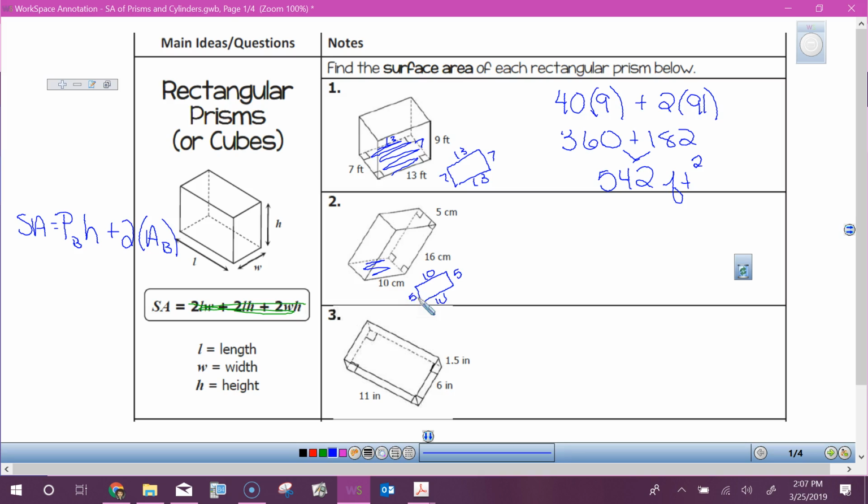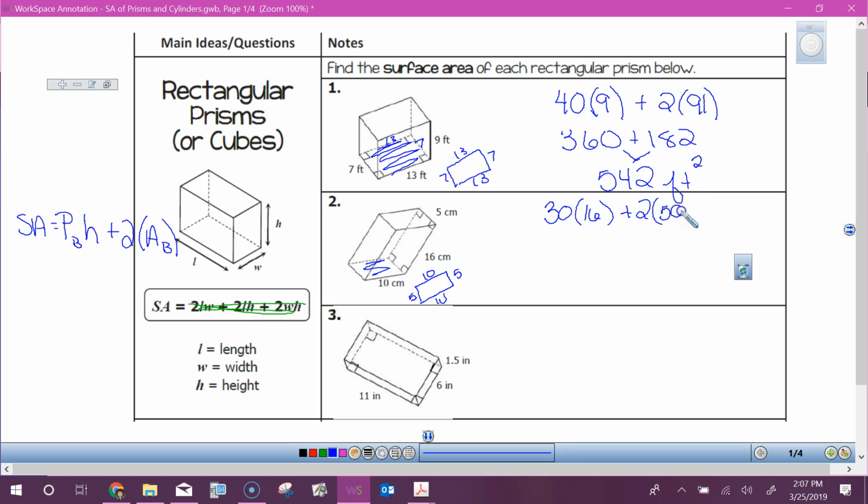So the perimeter of my base is 30 times, what's my height? 16 plus 2 times, what's my area of that base? 50.